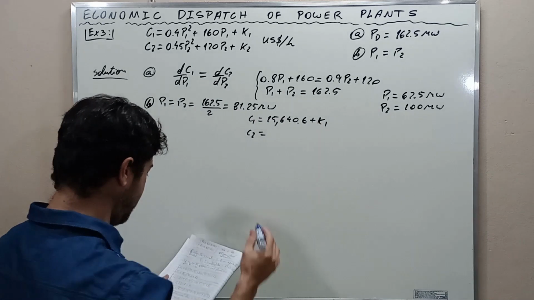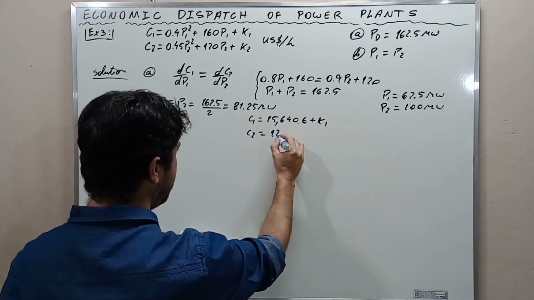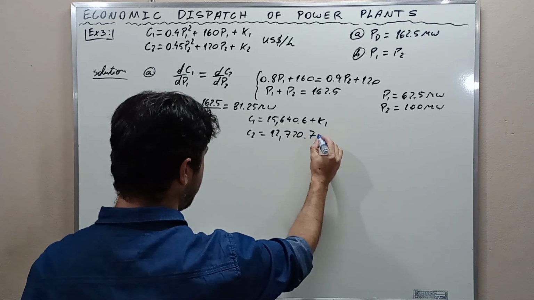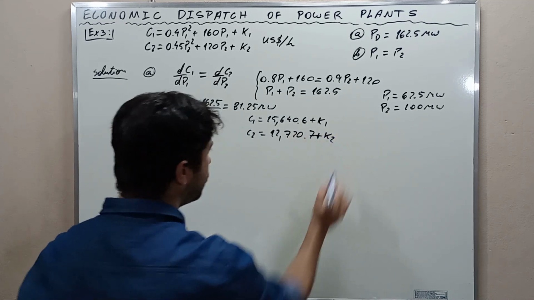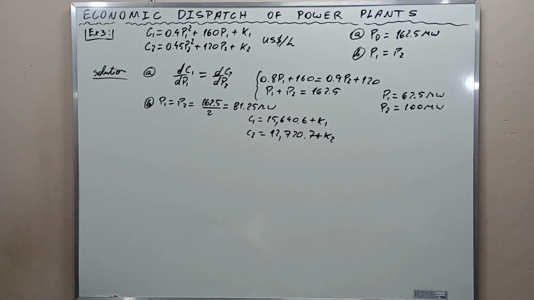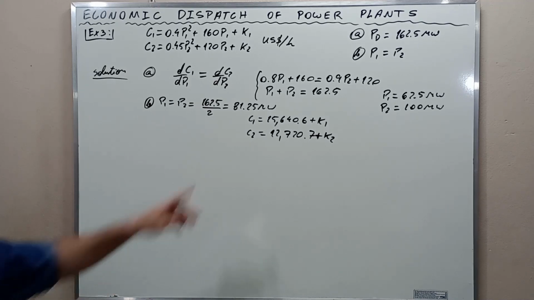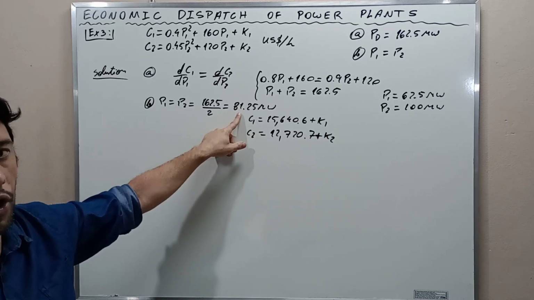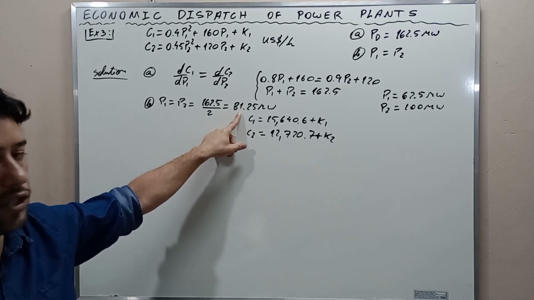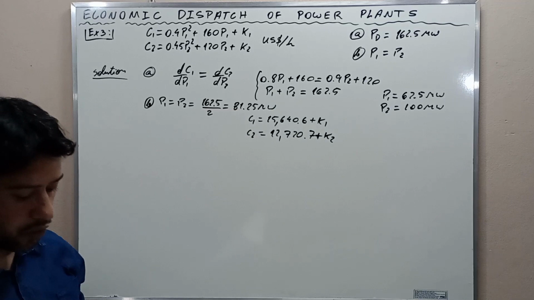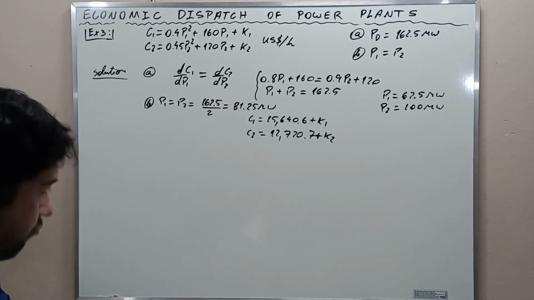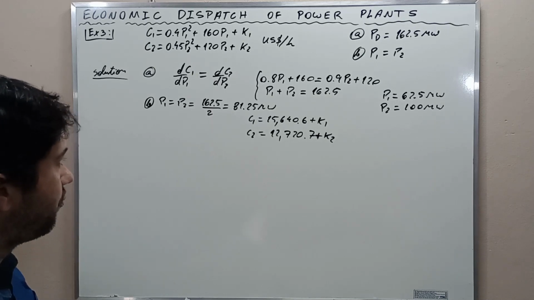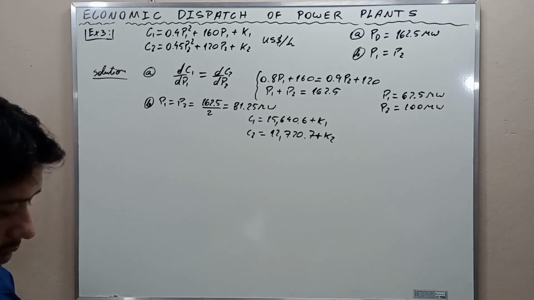We find that it is 12,720.7 plus K2. Okay? These are the cost functions for the value of 81.25. That is when the load is equally shared between the generating units. Okay? With these values, we can calculate the daily loss.